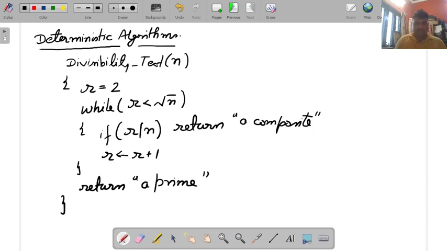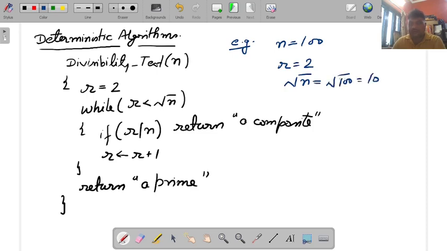So this is the deterministic algorithm. Let's discuss with the help of an example. Let the value of n be 100. So here r is 2. Find the square root of n, that is the square root of 100, which is 10.